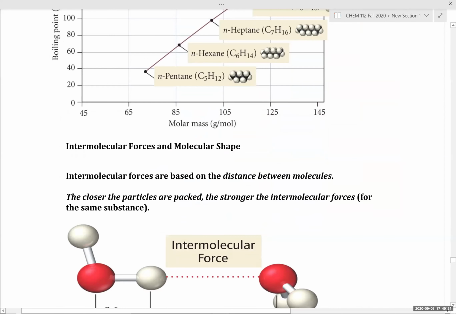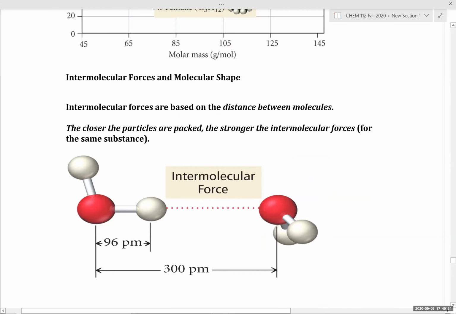Okay, now to touch on this idea of intermolecular forces and molecular shape from a case study perspective, if intermolecular forces fundamentally are based on the distance between molecules, the closer your particles are packed, the stronger your intermolecular forces.